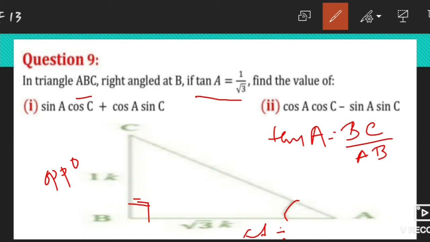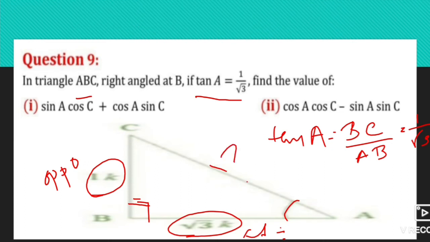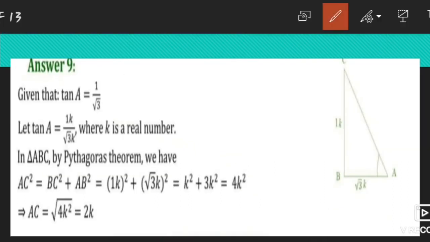The value of tan A is also given as 1 by root 3. That's why I am considering BC as 1k and AB as root 3k. So again by Pythagoras theorem I can find the value of AC. Using Pythagoras theorem, the value of AC will become 2k. So this length is 2k.